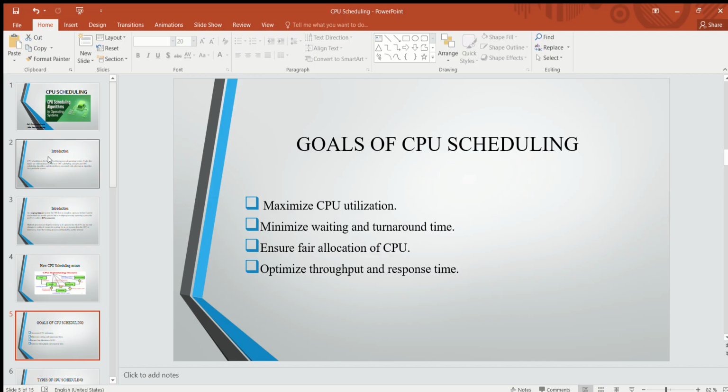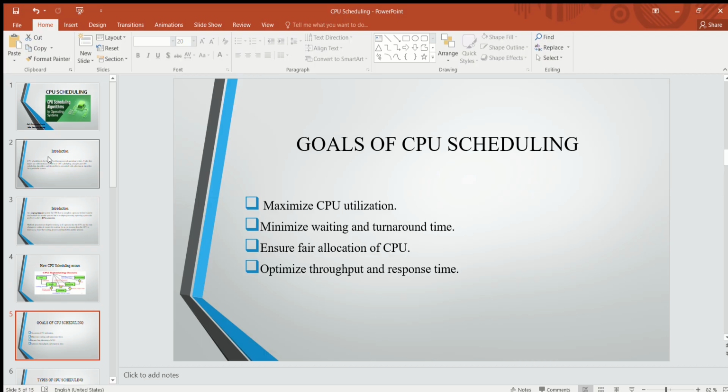So the goal of CPU scheduling is to maximize the CPU's utilization and to minimize waiting and turnaround time. Waiting time is the time a process spends in the queue waiting to get the processor to execute. Turnaround time involves all the time from when the application becomes a process, is incepted as a process.